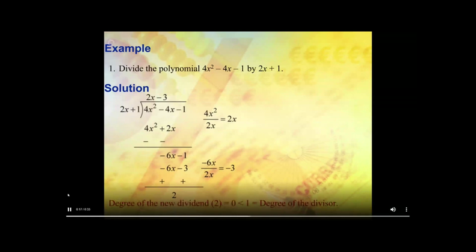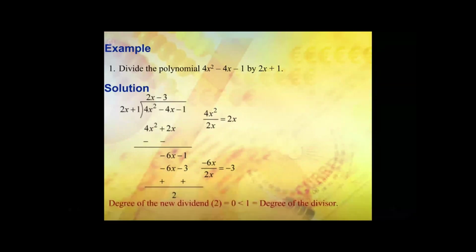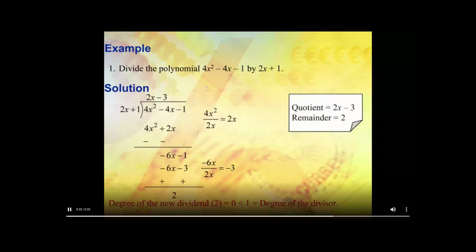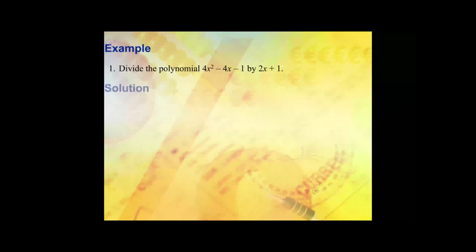Here, the degree of the new dividend is less than the degree of the divisor, so the new dividend becomes the remainder. Hence, we get the quotient 2x minus 3 and the remainder 2. Do you understand this? Yes, ma'am.